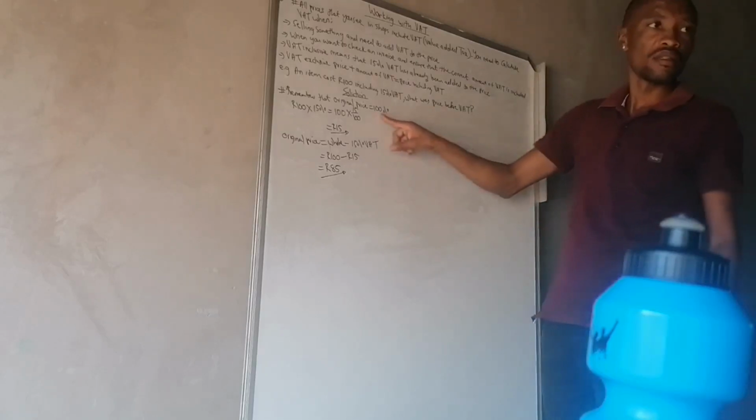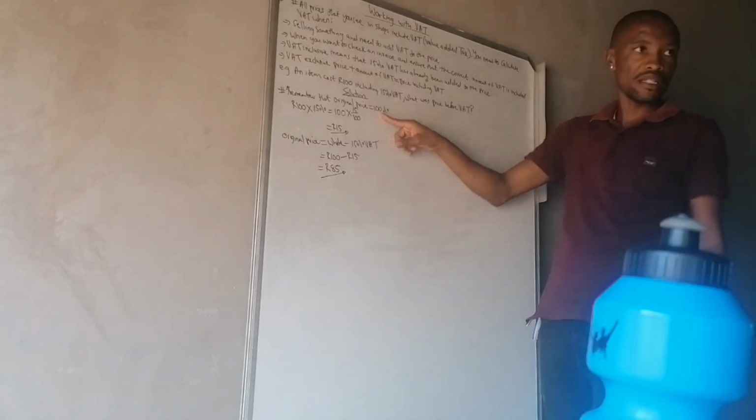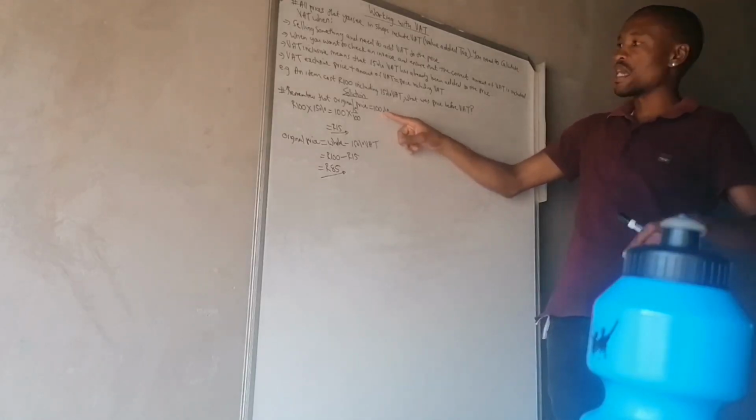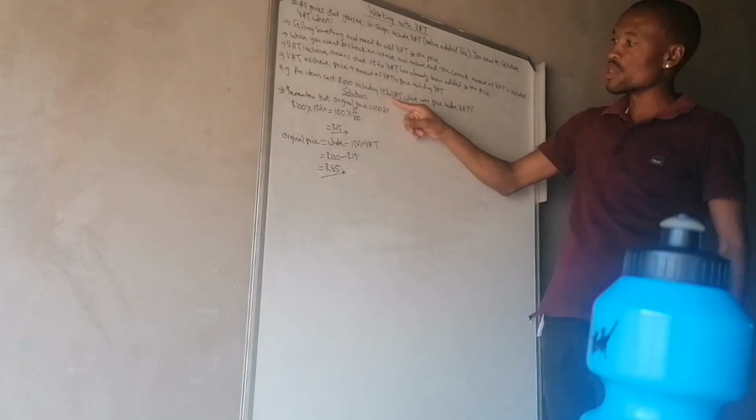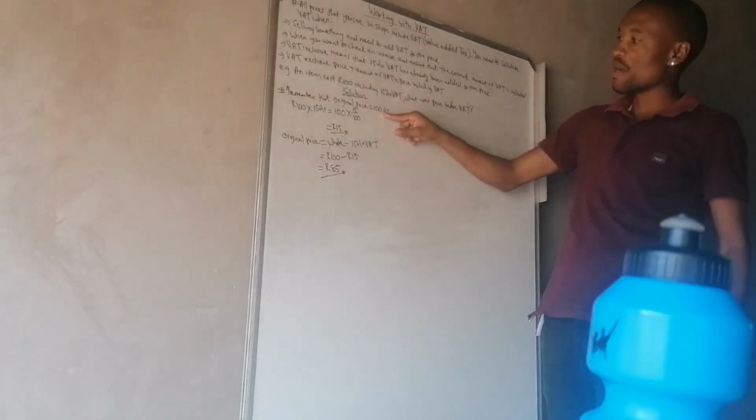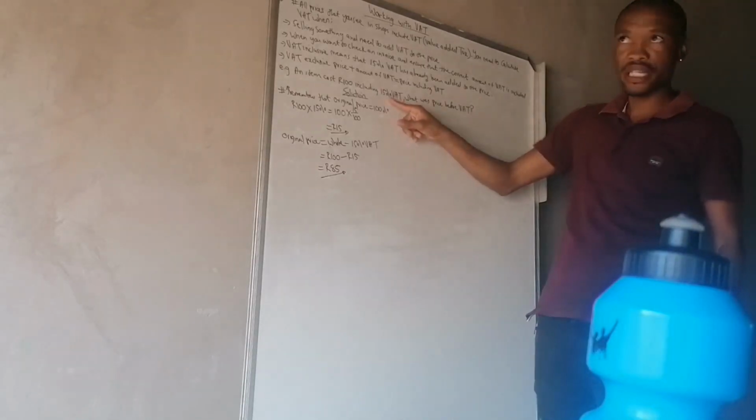The original price is 100%. The VAT is 15% on the original price, so it is 100% plus 15%.